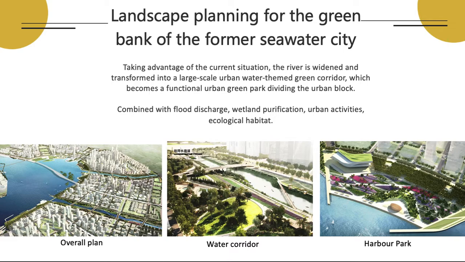This is the landscape planning for the green bank of the former seawater city. This photo is the overall plan, this is the water corridor, and this is the harbor park.